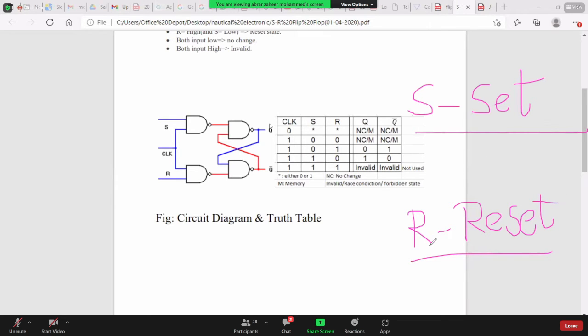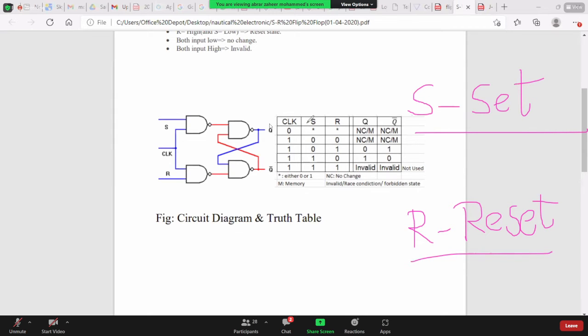This is the SR flip-flop and the clock is given here. This is a circuit diagram for the SR flip-flop. We are having 4 NAND gates. S and R are the inputs and clock, and Q and Q bar are the outputs.